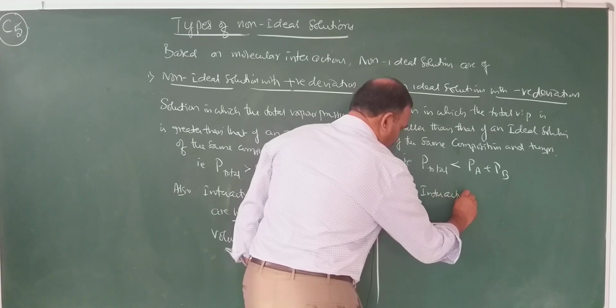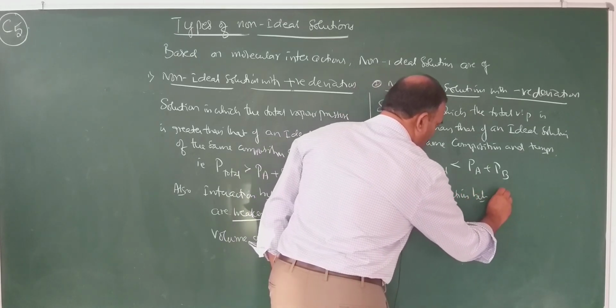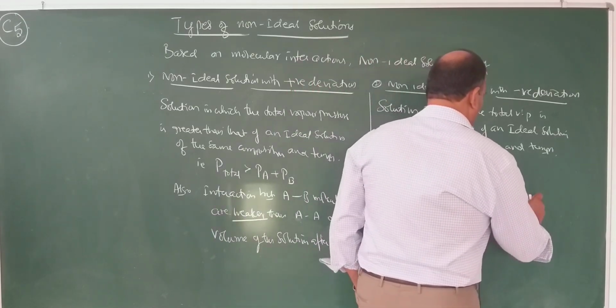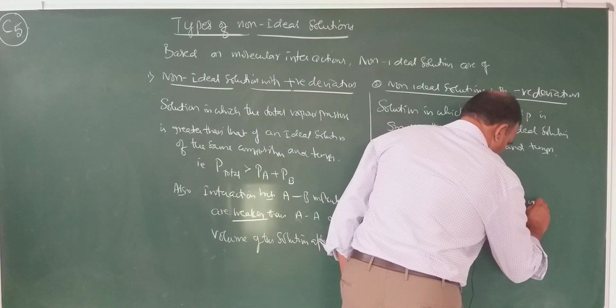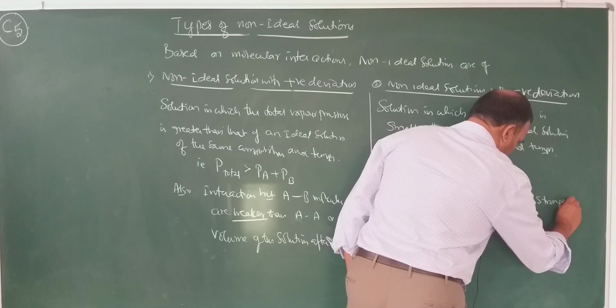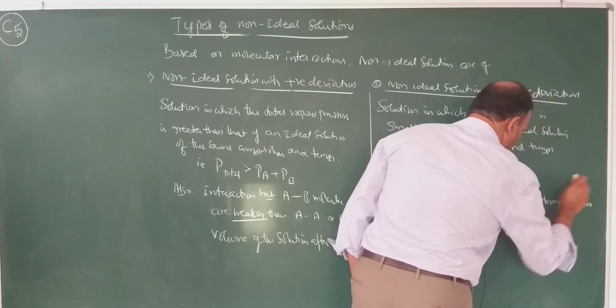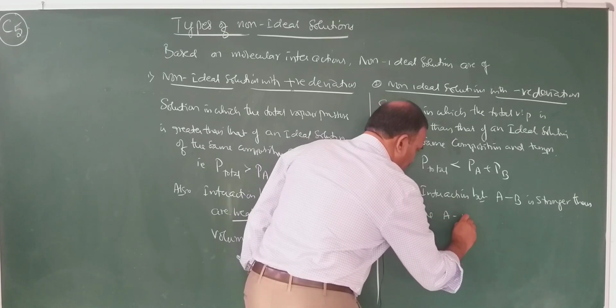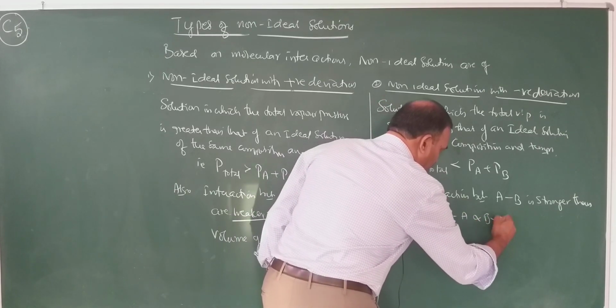The interaction between molecules of A and B is stronger than the interaction between AA and BB.